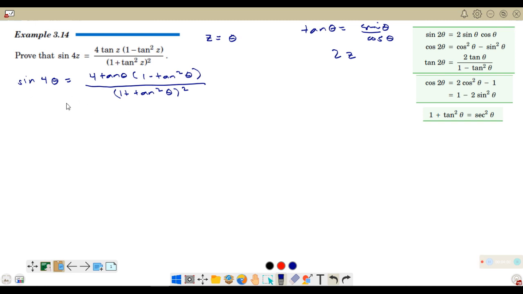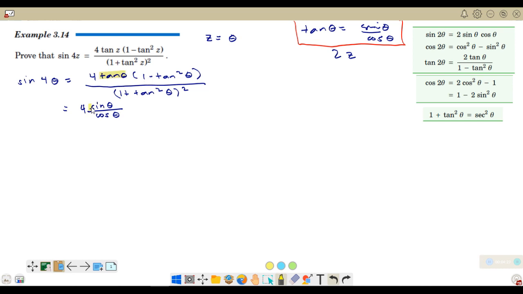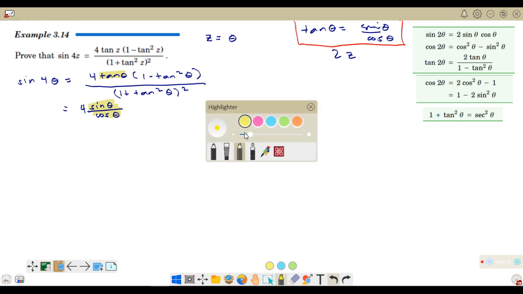Okay? So, let's start. Kasasabi lang natin kanina, tangent theta is equal to sine theta over cosine theta, right? So, we can write this as 4 sine theta over cosine theta. Yan yung dalawa na equal. Now, let's move to the ones inside the parentheses.